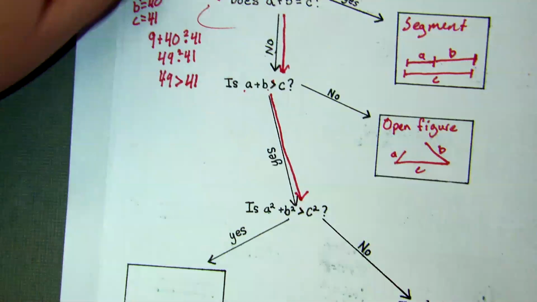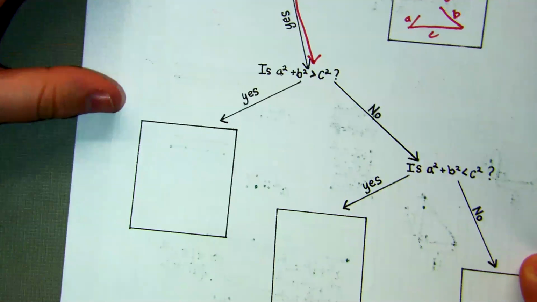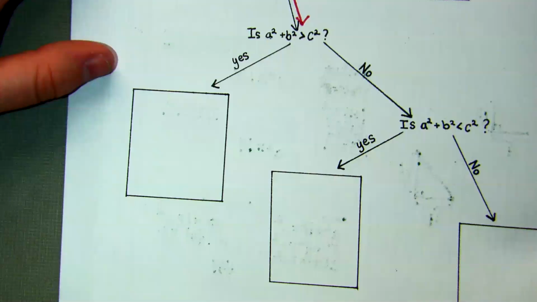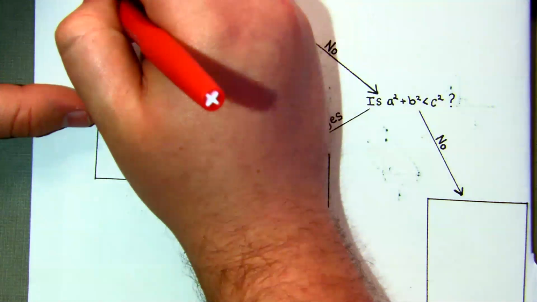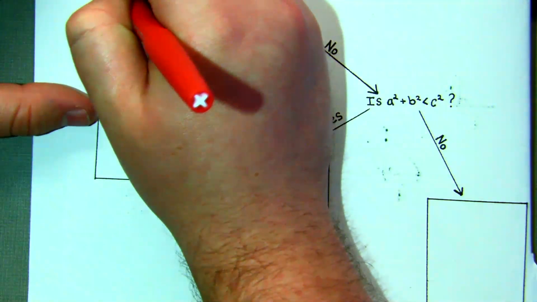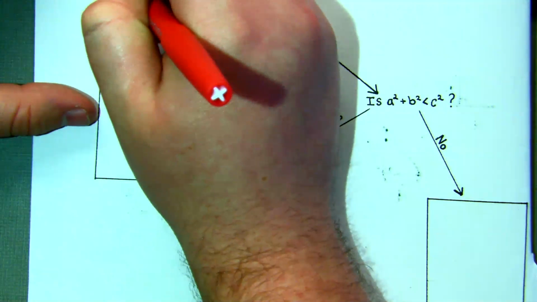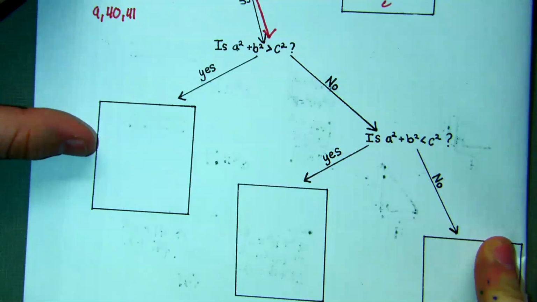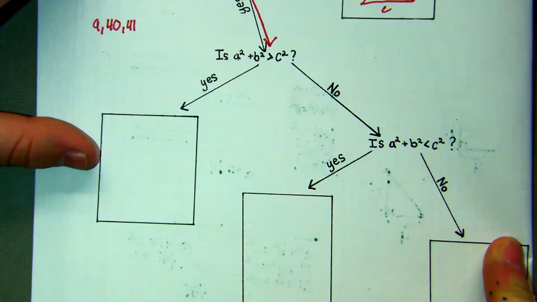All right. Now, if we move on to these bottom chunks, keeping our same sides of 9, 40, and 41, let's check these other ones.